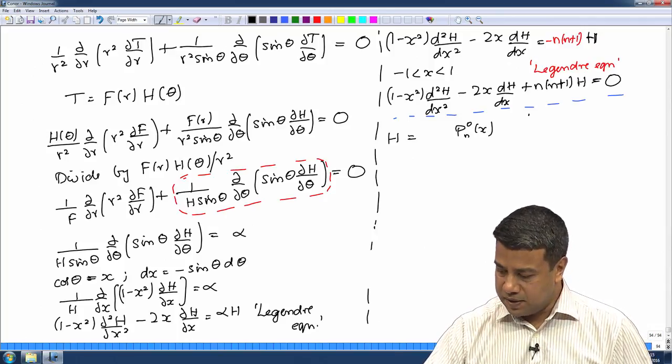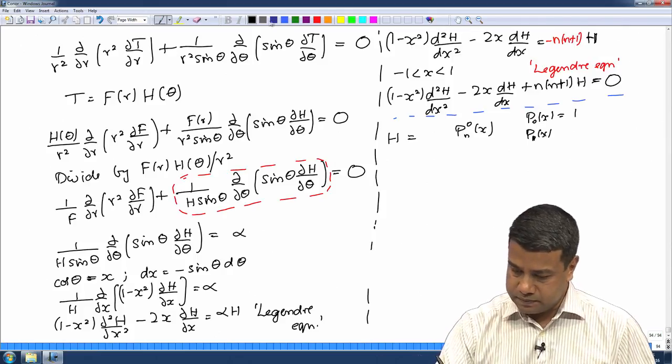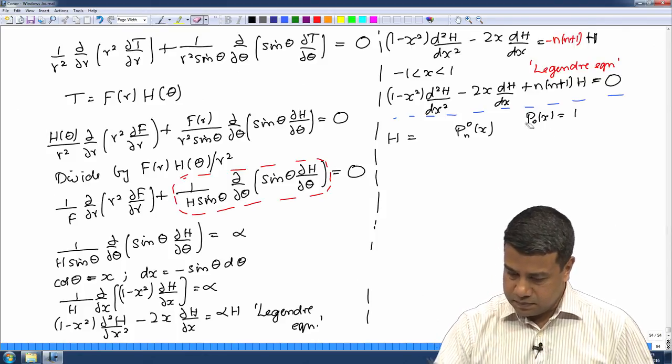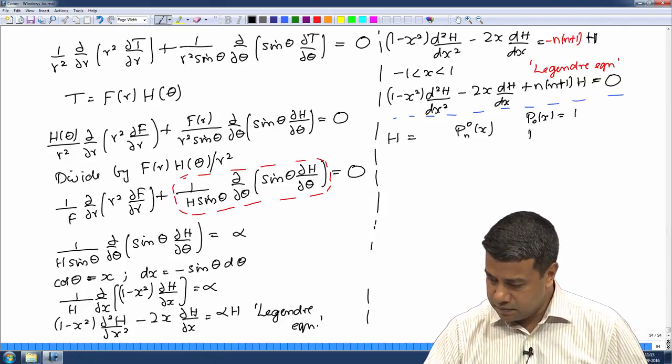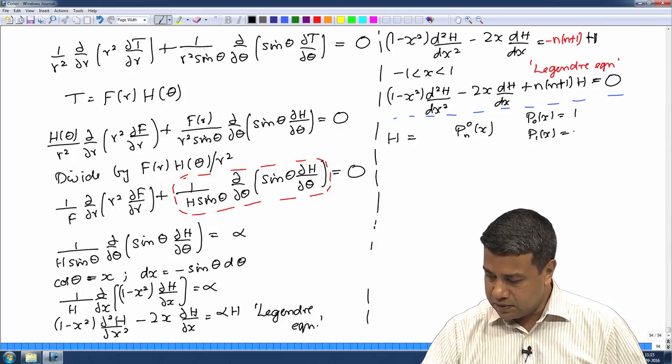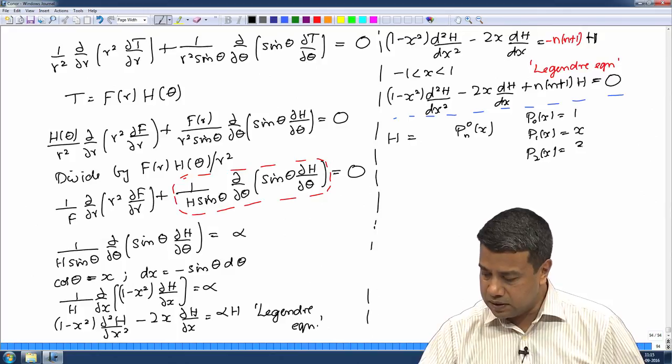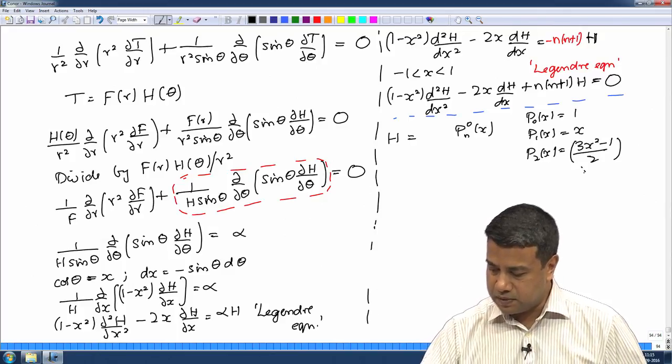P 0 of x is just equal to 1, P 1 of x is equal to x, P 2 of x is equal to 3 x square minus 1 by 2, and so on.